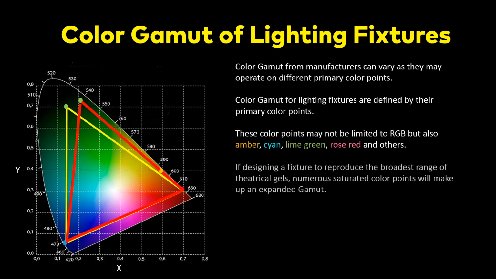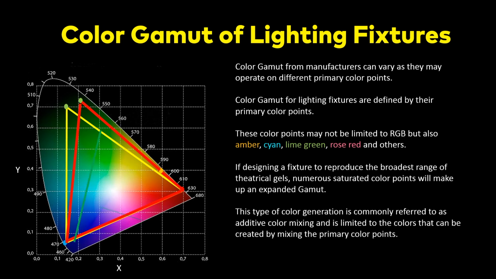So if you're trying to go for the broadest range of theatrical gels, you want to add numerous color points to try to open up that gamut. This type of color generation is called additive color mixing, and it's really limited to what can be created by mixing these RGB values. If you're trying to develop a color that's outside of those points, it's just not going to happen.